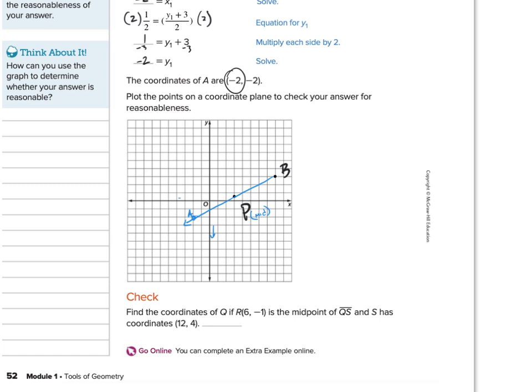So just thinking about that, and it turns out that this is -2, -2. That's my A value. I could look at it mathematically and say, hey, how far am I away? How far did my slope go? I traveled 1, 2, 3, 4, 5 to get here. So then I could turn around and do the same thing. I could go 1, 2, 3, 4, 5, and know then that my X value should fall right there.